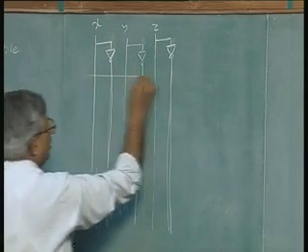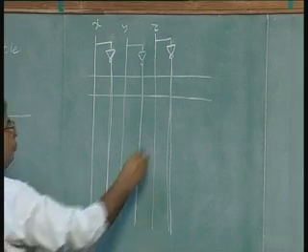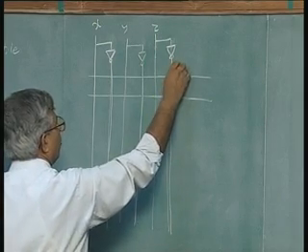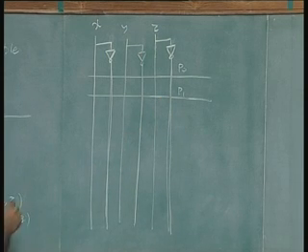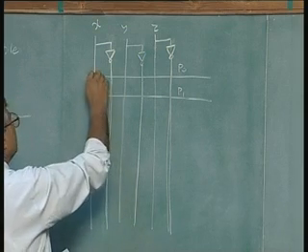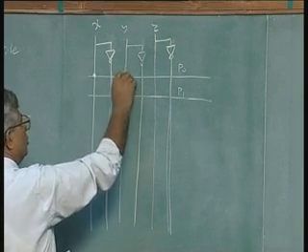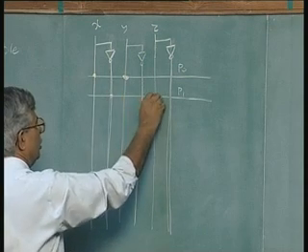So I generate the product terms, I call them P0 and P1. The first function is xy XOR z, x bar z: xy and x bar z.